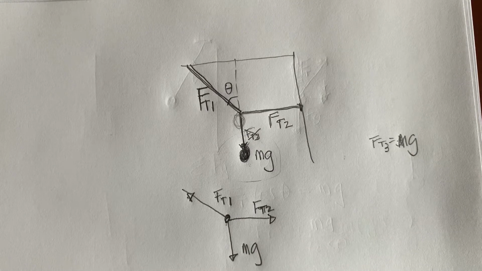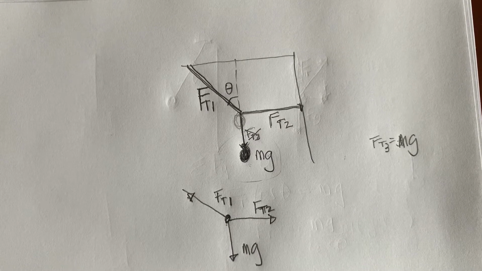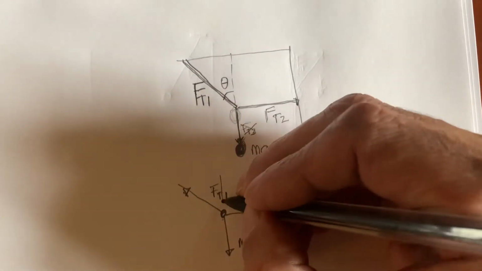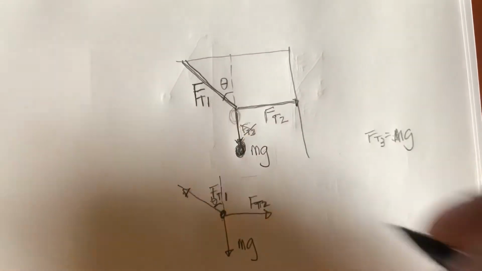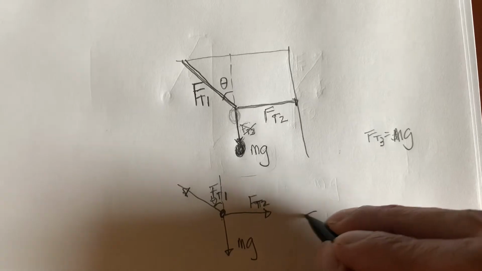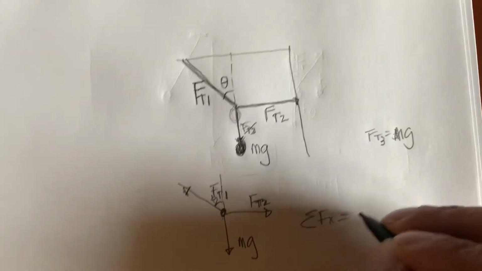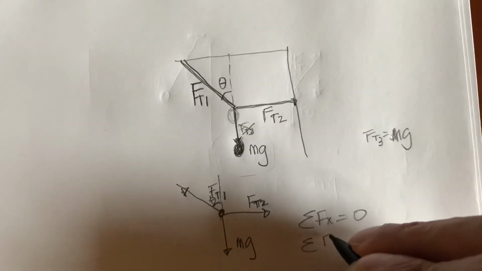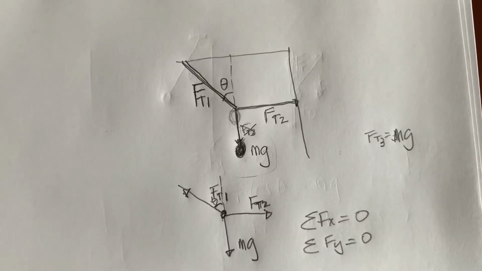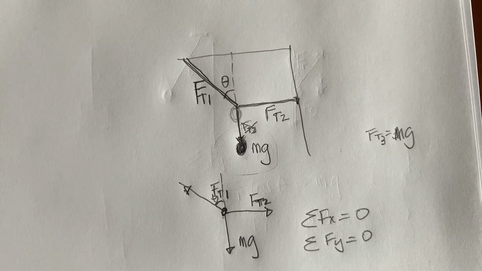And so we can individually separate out the x and y axis and know that the sum of the forces in the x direction has to be independently 0, and the sum of the forces in the y direction has to independently be 0, since there's no acceleration in either direction.